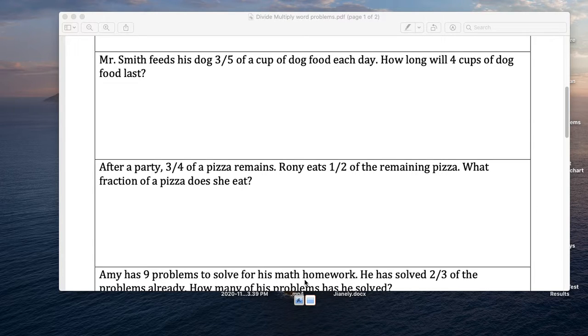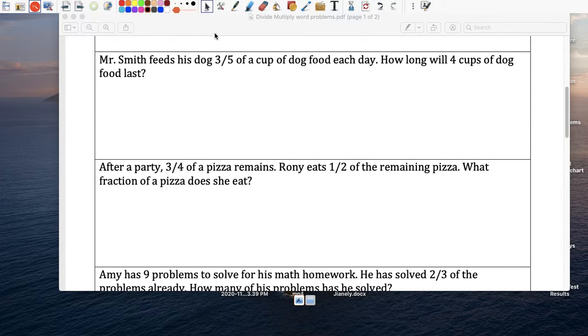Is it a division or multiplication? Mr. Feeds his dog 3/5 cups of dog food every day. So every day your dog gets this much, 1, 2, 3, 4, 5. You give your dog 3/5 every day. Right?